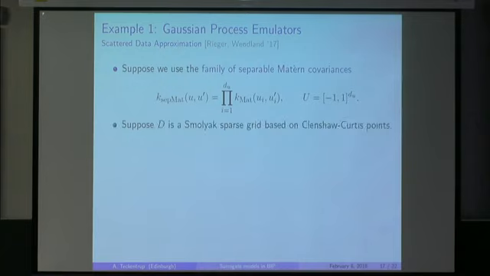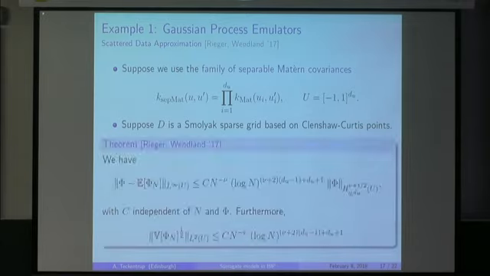Okay. Then this time we're going to choose a very particular set of design points. So we're going to choose our design points D as a Smolyak sparse grid based on Clenshaw-Curtis points. Okay. If you do that, then you can show the following. Okay. So again, you have an error bound on the error between phi and your mean of the Gaussian process emulator phi_n.